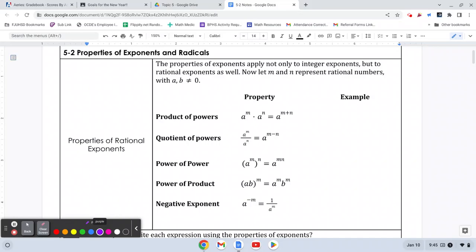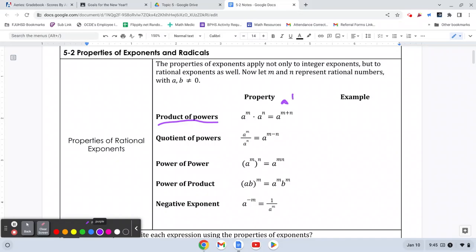So we have the product of powers. Our first one is the product of powers, and this is when we have a to the m power times a to the n power. The bases are the same and the exponents are different. When we're multiplying these, we add the exponents.